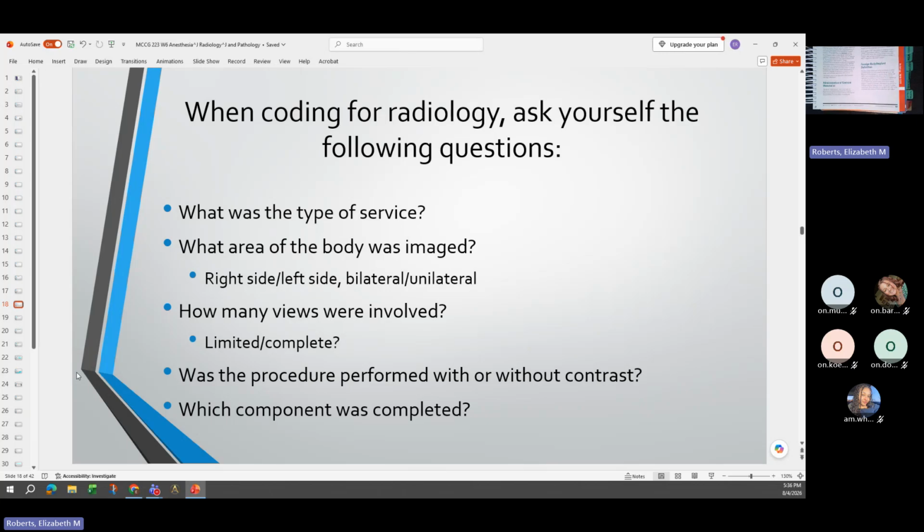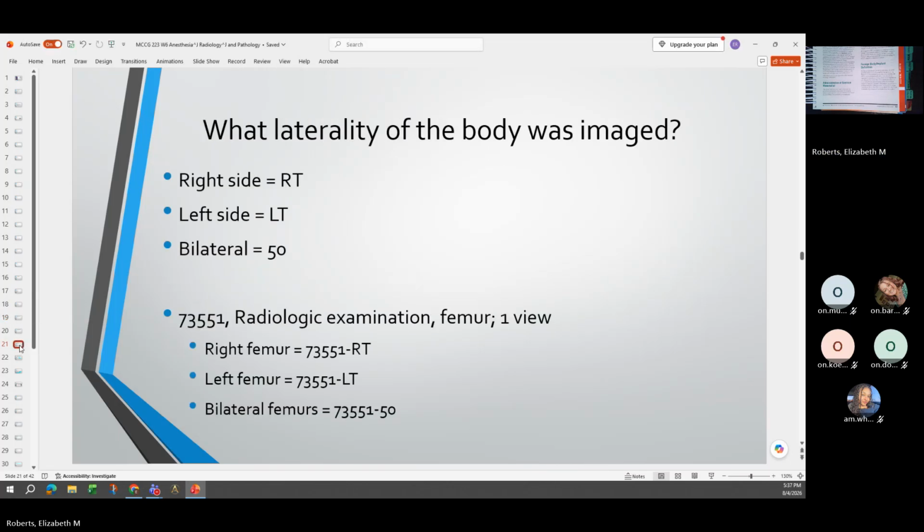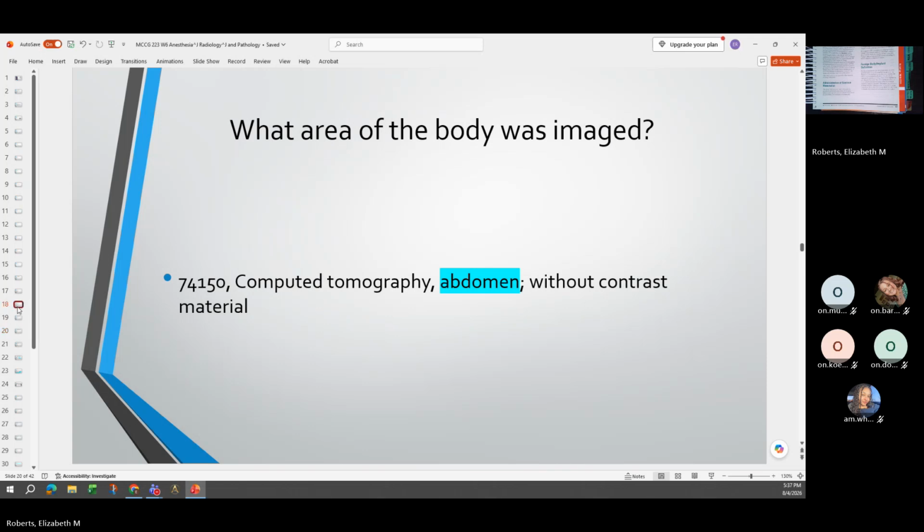Okay, and then the last bullet here is which component was completed. I don't think, hang on a second. I thought I had a better slide. No. Okay.